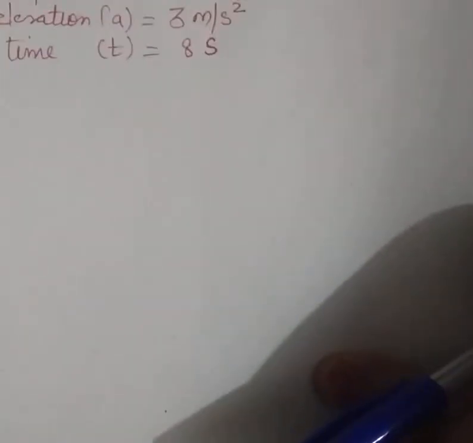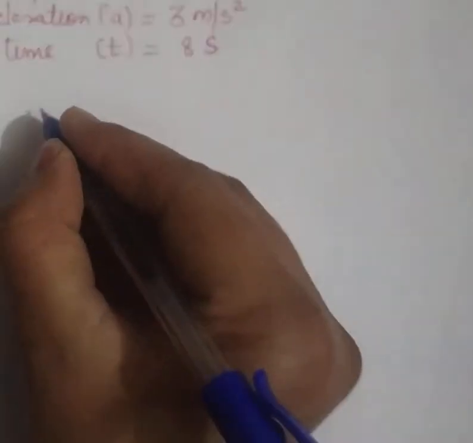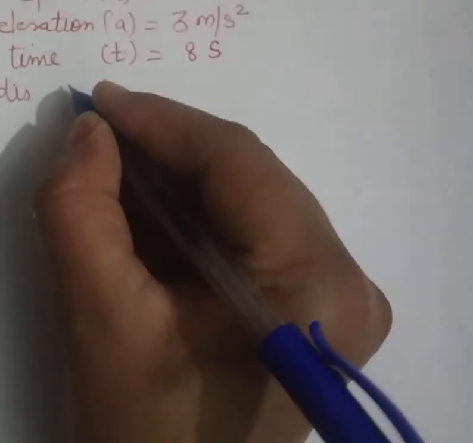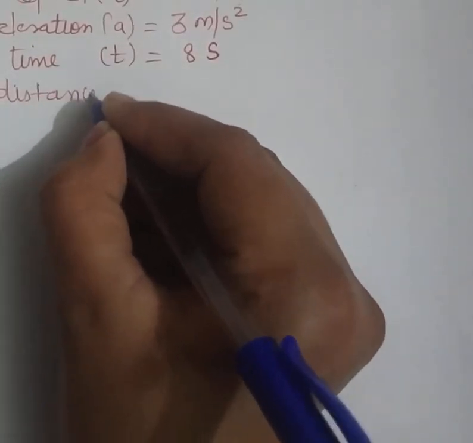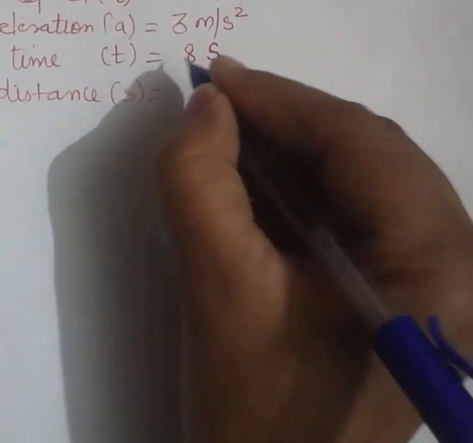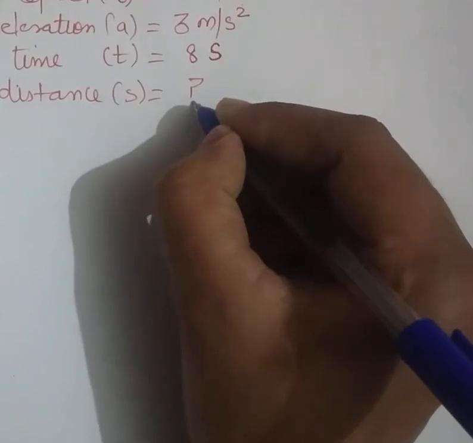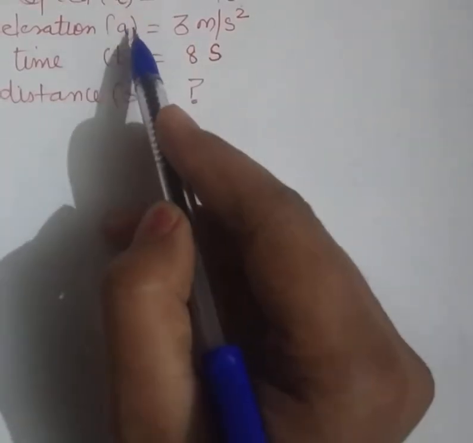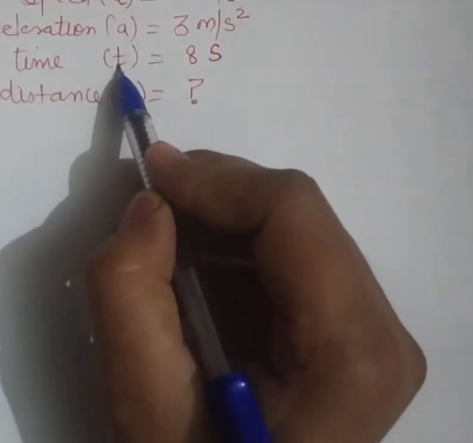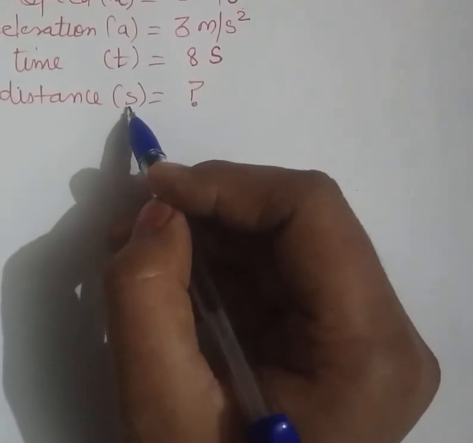How far does the boat travel during this time? Far means we have to calculate distance. It means in this interval of time we have to find out the distance traveled. u given, a given, t given. We have to find out s.